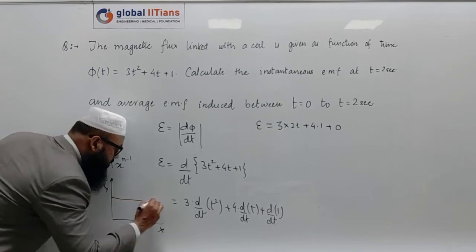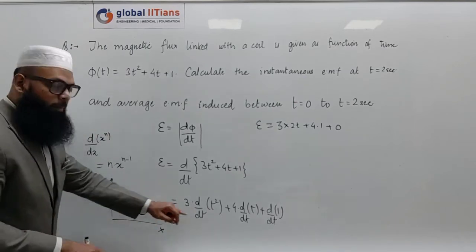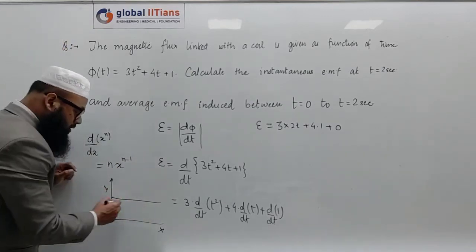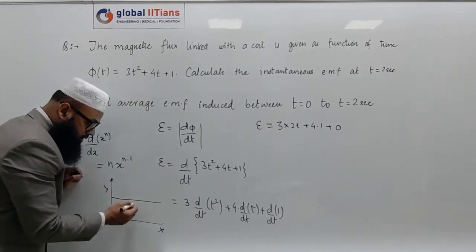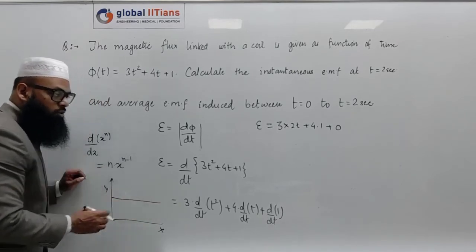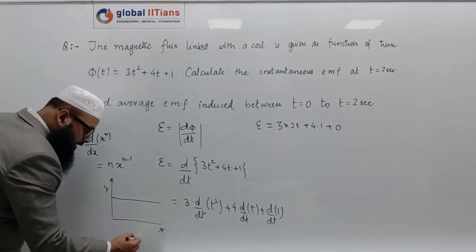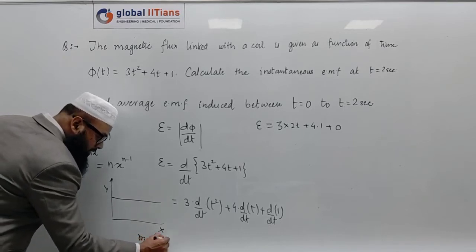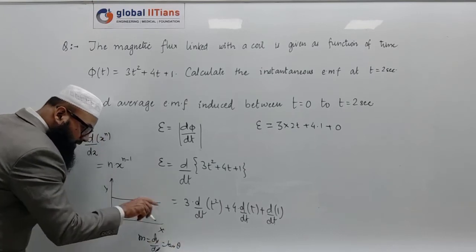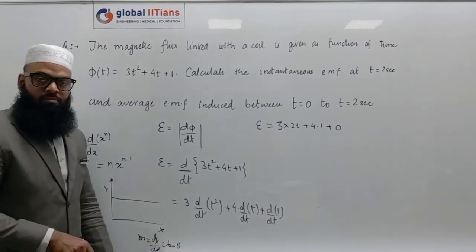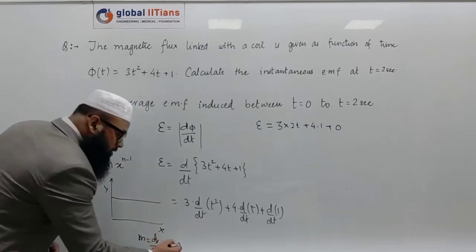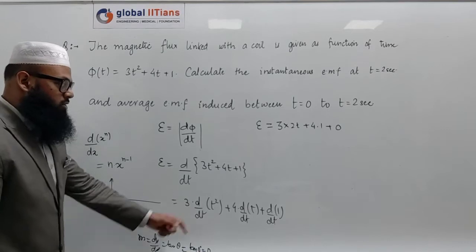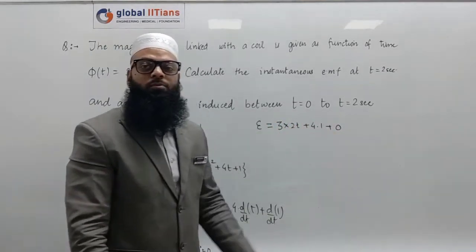If something is constant, its graph is going to be parallel to the x-axis, meaning it is not changing, and the angle it makes with the x-axis is 0. The geometrical interpretation of slope dy/dx is nothing but tan of the angle that the slope makes with the positive x-axis, which in our case is 0. So tan 0 is equal to 0. As you can see, differentiation of anything constant is going to be 0.